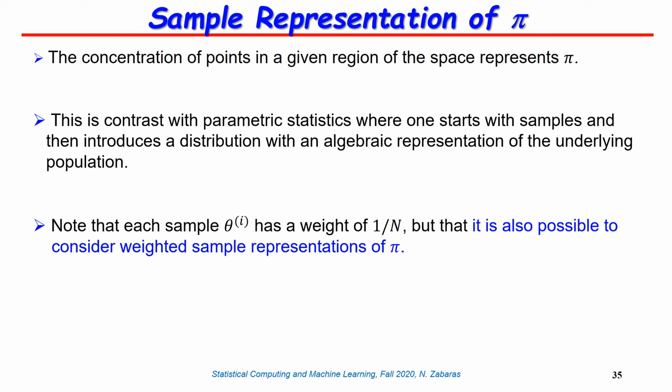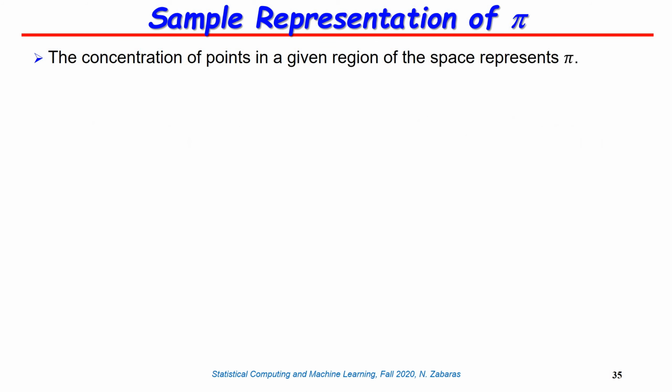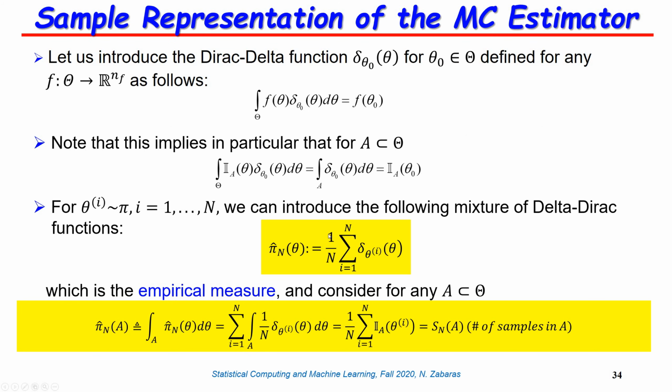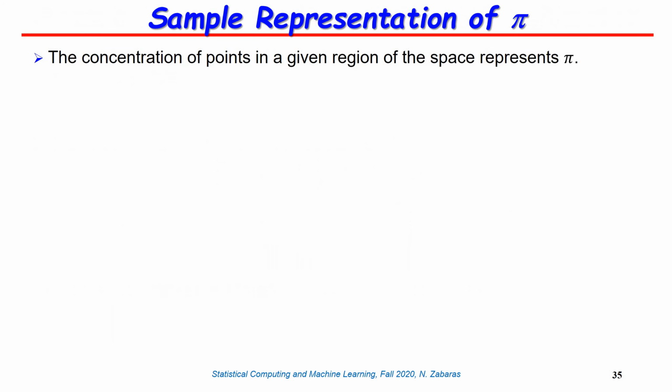Let me say before we proceed that the way that I defined this empirical measure, the weights are 1 over n, but later in our lectures we will see that you can define empirical measures with weights that are not equal to 1 over n, so not all samples are of equal weight, and we will even see methods that dynamically adapt the weights as you try to approximate certain things. Okay, but for now the weights are 1 over n.